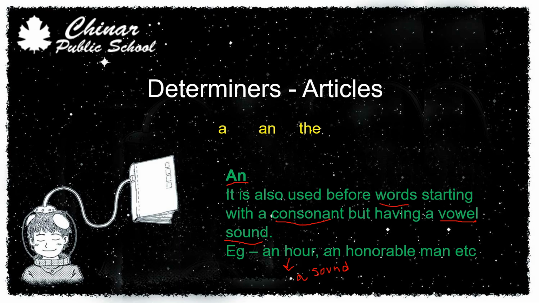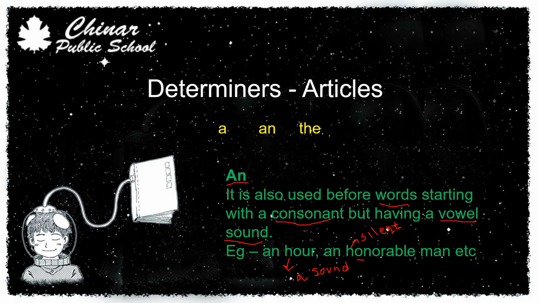So we write an before R. Another is an honorable man. Now honorable, the H here is considered as silent and the word starts with O, honorable. So, O being a vowel, we use an before honorable.